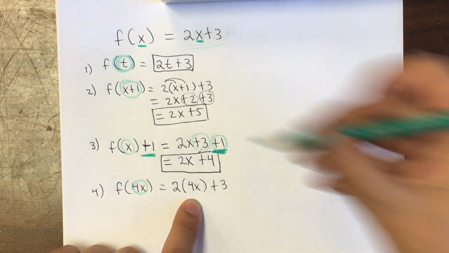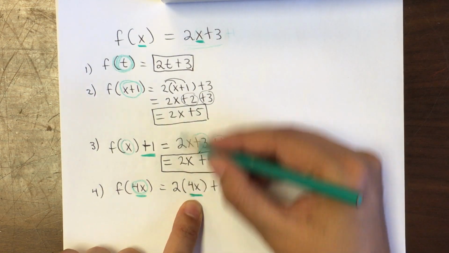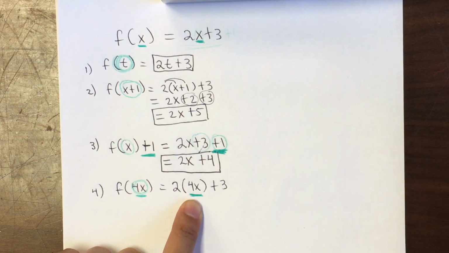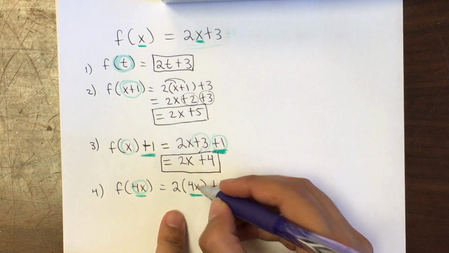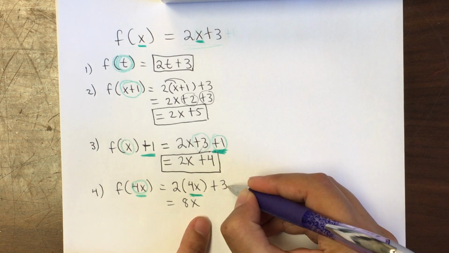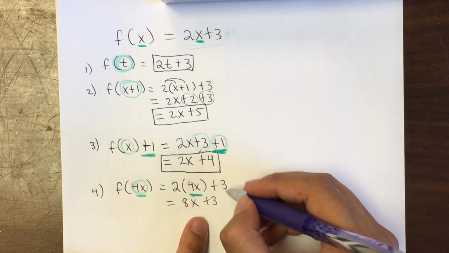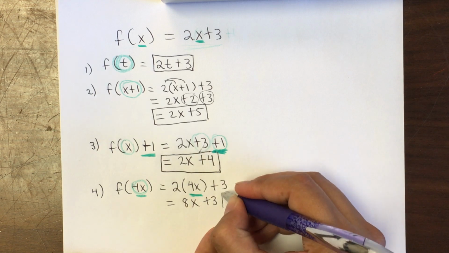All I did was replace this x with the 4x. The 2 stays the same, the 3 stays the same. And so the answer will be 2 times 4x is 8x plus 3. This 2 doesn't affect this one because it's not inside of the parentheses.